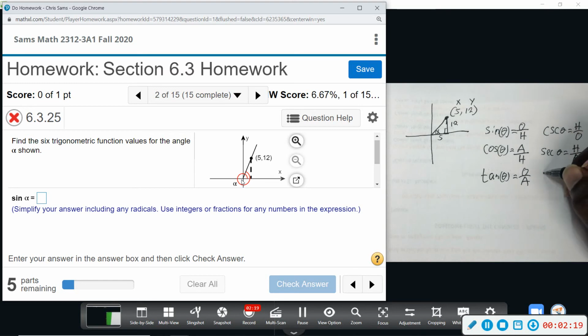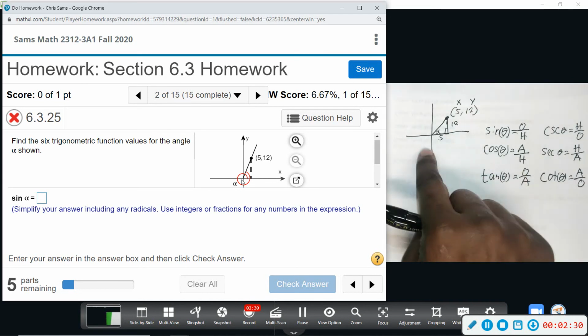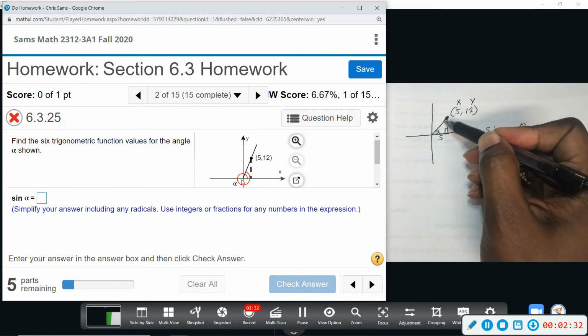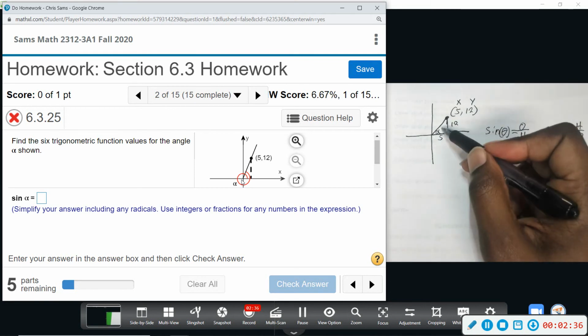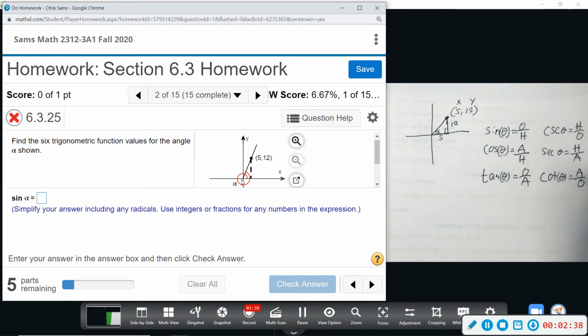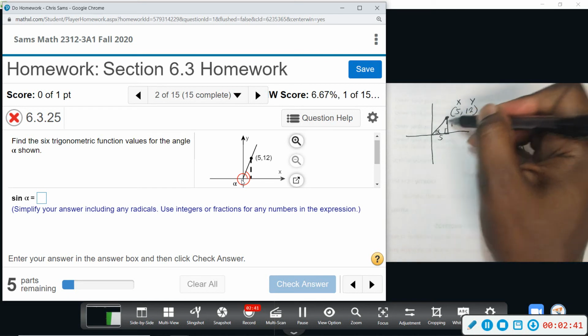And tangent's counterpart is cotangent, which is adjacent over opposite. All right, so these are our 6 trig functions. We're looking for these values. We need the hypotenuse for 4 of these. From what I have, opposite and adjacent, I can do tangent and cotangent, but I need the hypotenuse.